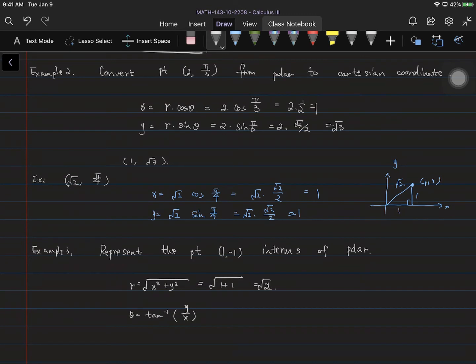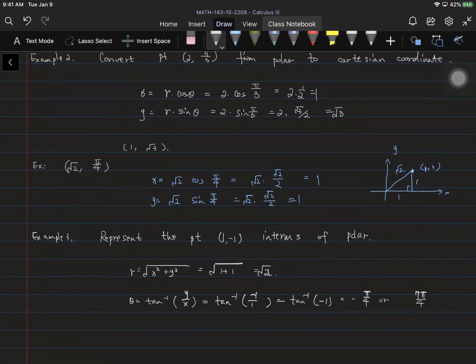Okay, let's write down the formula and then plug in y and x. So it should be tangent inverse negative 1. Tangent inverse negative 1 is, we can do negative pi over 4 or 7 pi over 4. That might not matter too much. They are the same thing. So where's the angle?